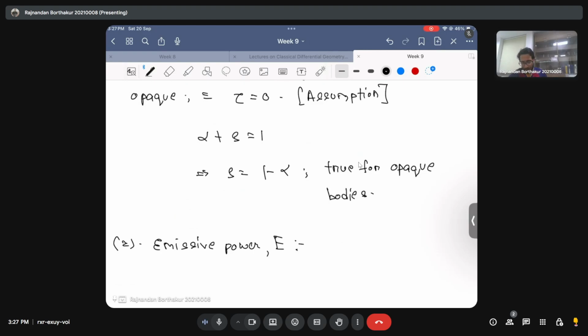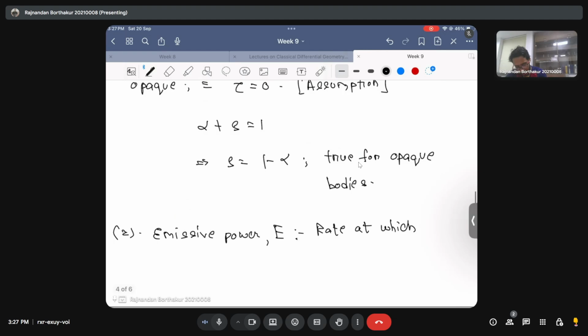And this emissive power is defined as the rate at which radiation is emitted from a surface per unit area.